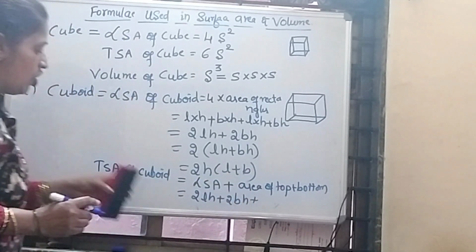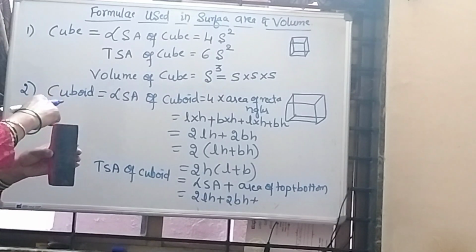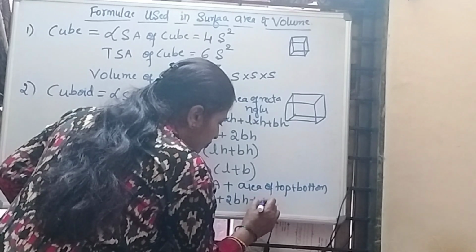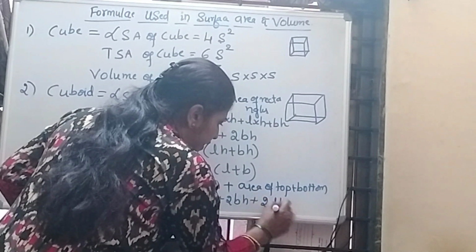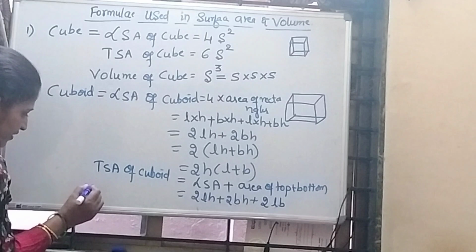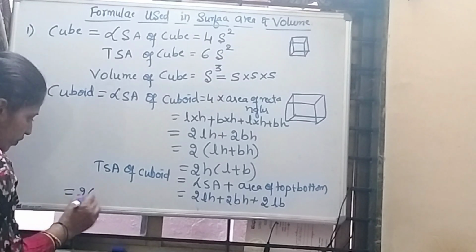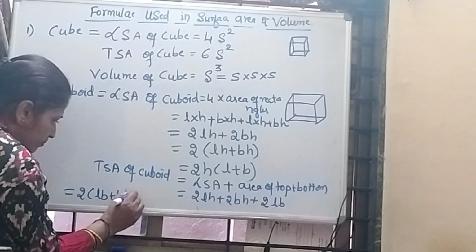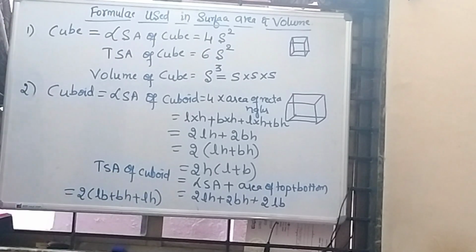Now the area of top is length into breadth, so 2LB. Finally we arrive at the formula 2 into bracket LB plus BH plus LH. This is the TSA of cuboid.